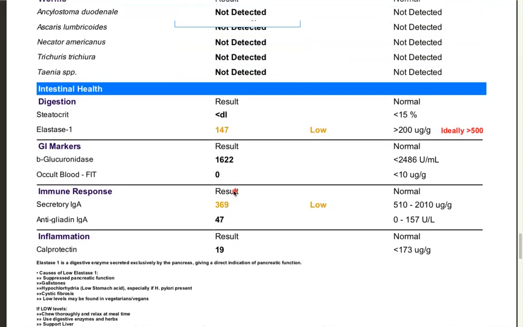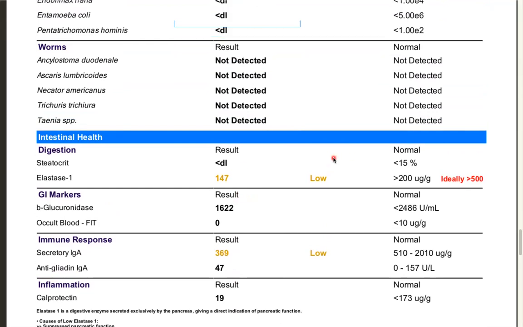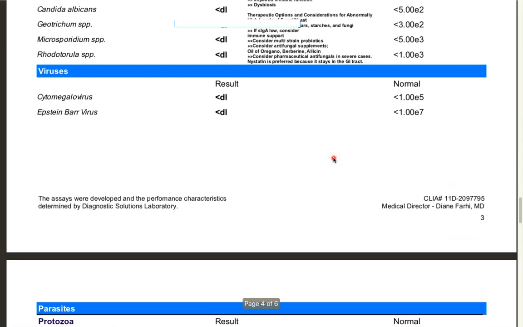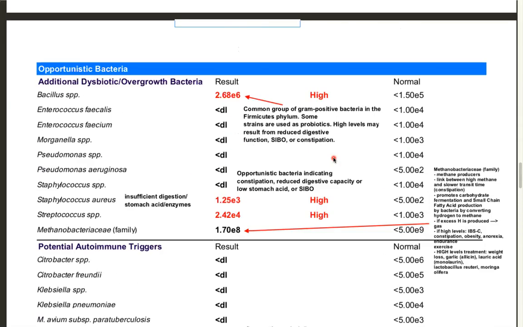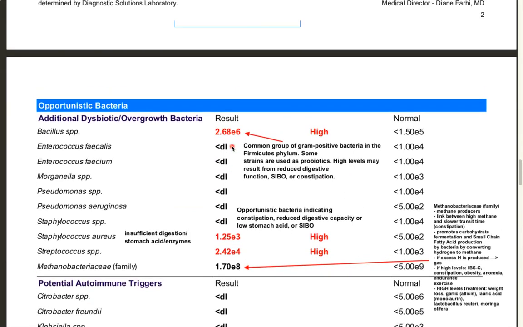And so overall, what I would say for this case is that we have some low-level overgrowth of bacteria on quite a few levels. We have the candida, and then we have some normal bacteria overgrowth, and then we have some overgrowth of opportunistic bacteria.